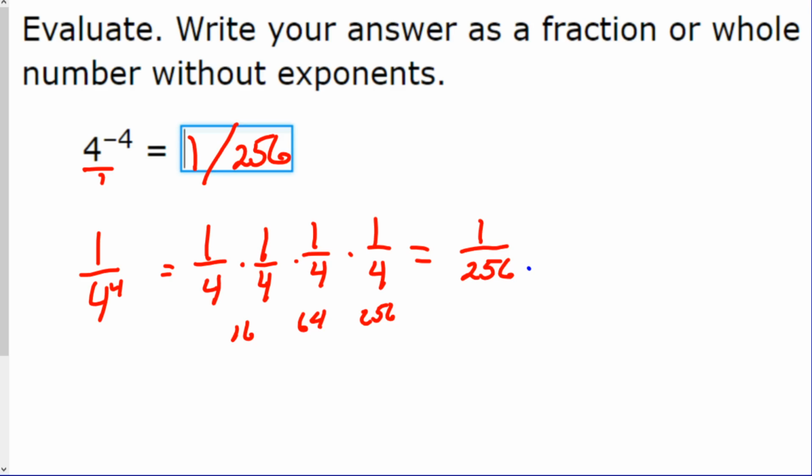Just be careful. You can type this in the calculator just like this, but you're going to get a decimal, and that's not what they're asking for. It says write it as a fraction. So be extra careful there. You could check your number by typing in 1 divided by whatever you get, and then type this in as well, and see if they're the same, but just be careful.